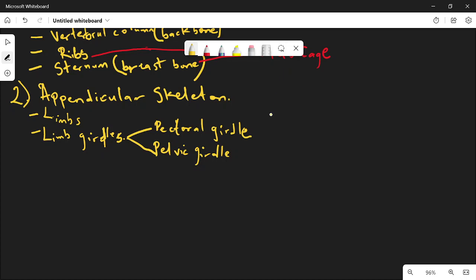This one here makes up the forelimbs, while these ones here make up the hind limbs.